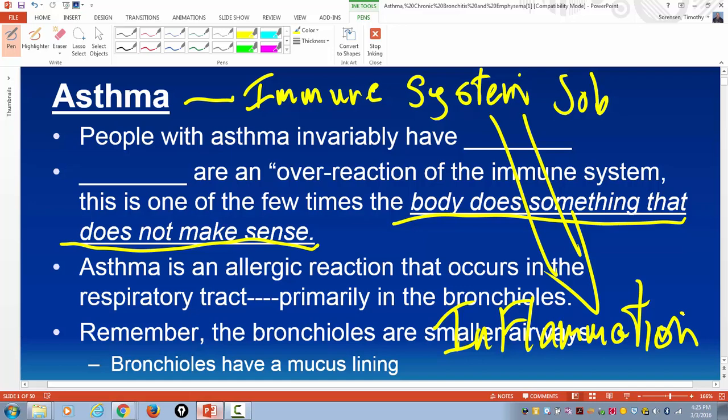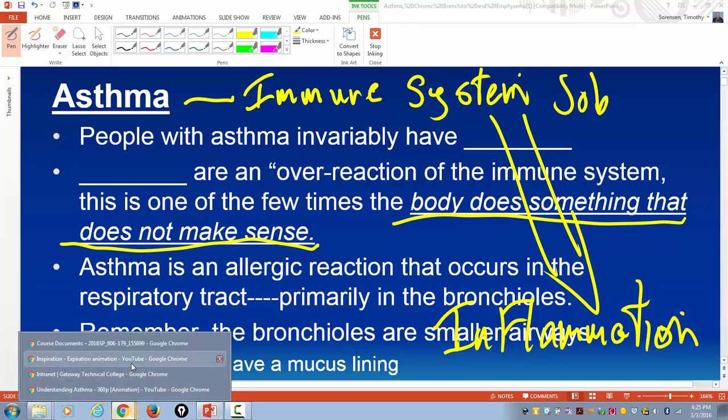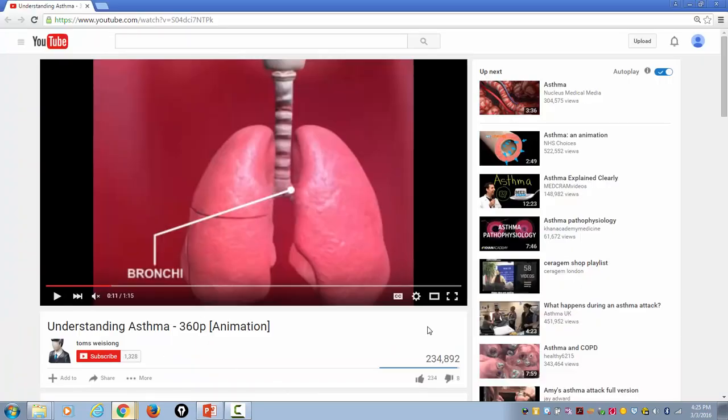Unfortunately, in asthma, it overreacts to something that it shouldn't overreact to. So it produces this inflammatory response that is simply just too much. So let's look here and see if we can make sense of this.